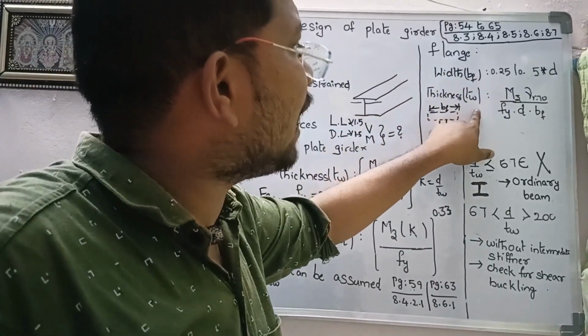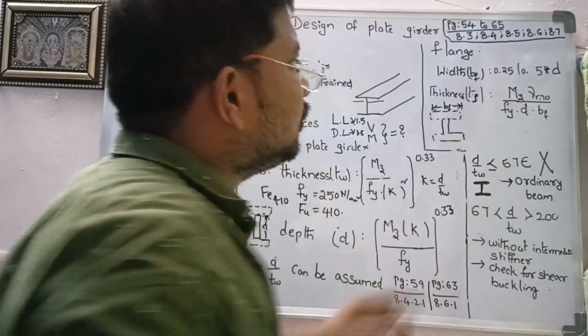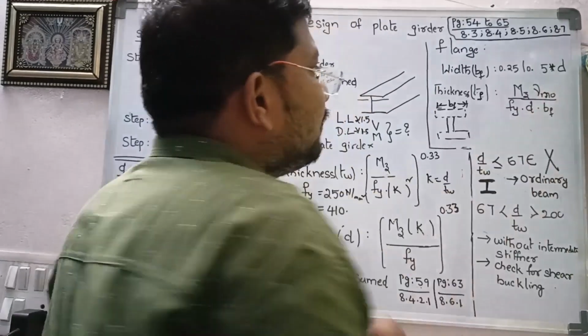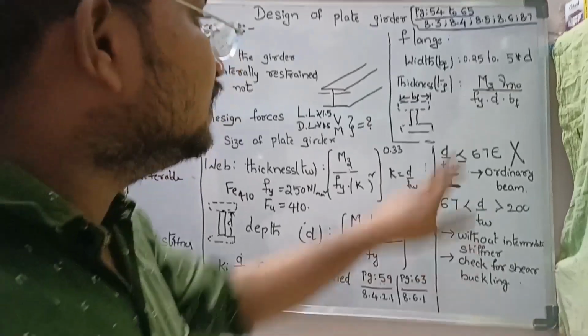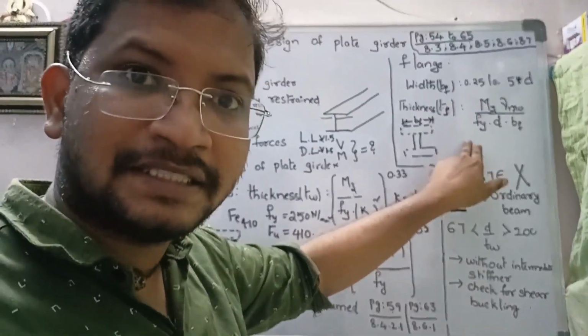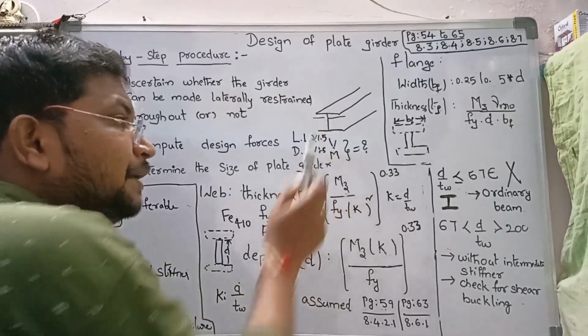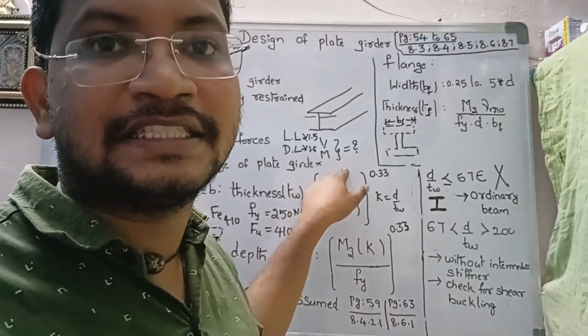And thickness of the flange is equal to Mz gamma m0 by Fy d Bf. This formula implies that the moment coming onto the beam M is carried by flanges.